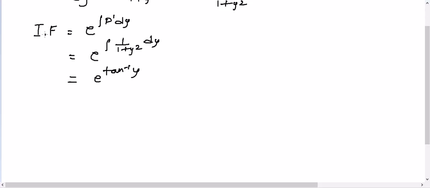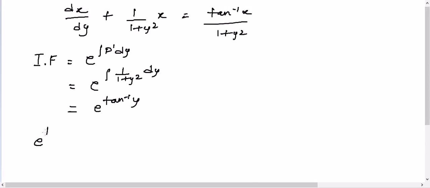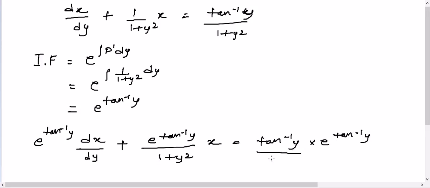The next step is that we multiply the integrating factor to the given linear differential equation: e to the power tan inverse y dx by dy plus e to the power tan inverse y divided by 1 plus y square times x equals tan inverse y into e to the power tan inverse y over 1 plus y square.